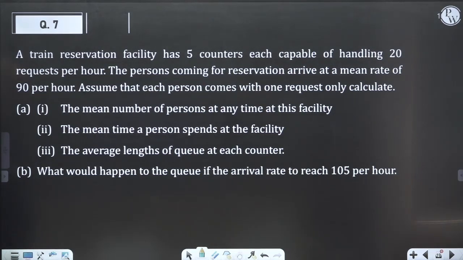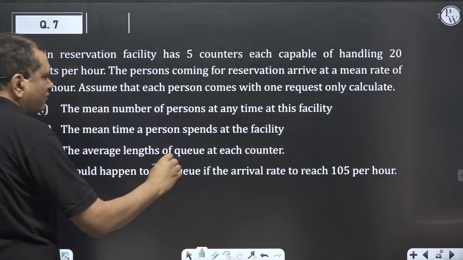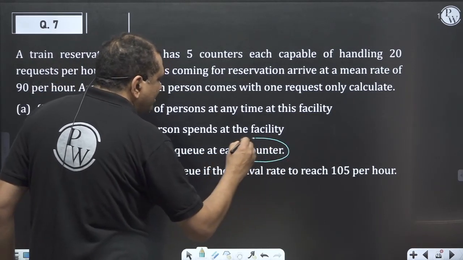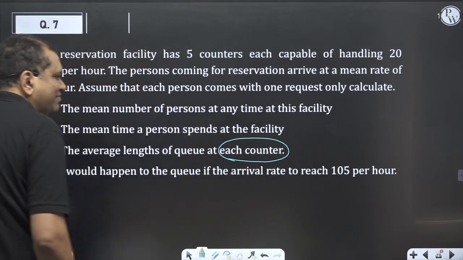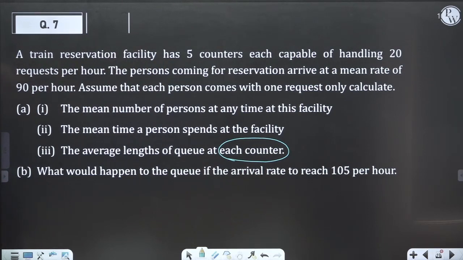Calculate the mean number of persons at any time in this facility, the mean time a person spends at the facility, and the average length of queue at each counter.